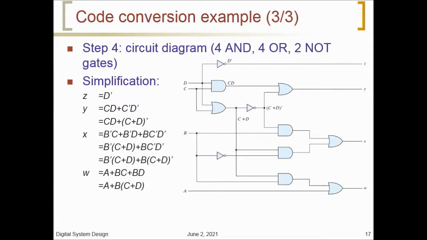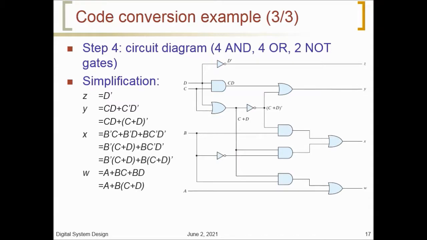So after simplifying by using K-maps, we get Z is equal to D complement, Y is equal to CD plus C complement D complement, and this gives us Y is equal to CD plus (C plus D) whole complement.